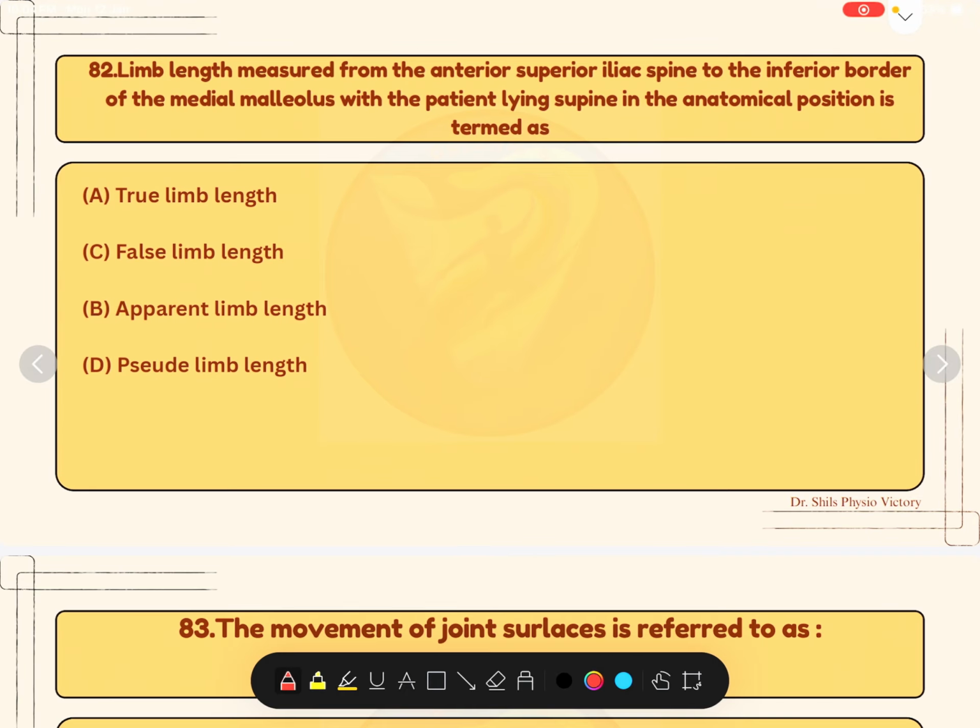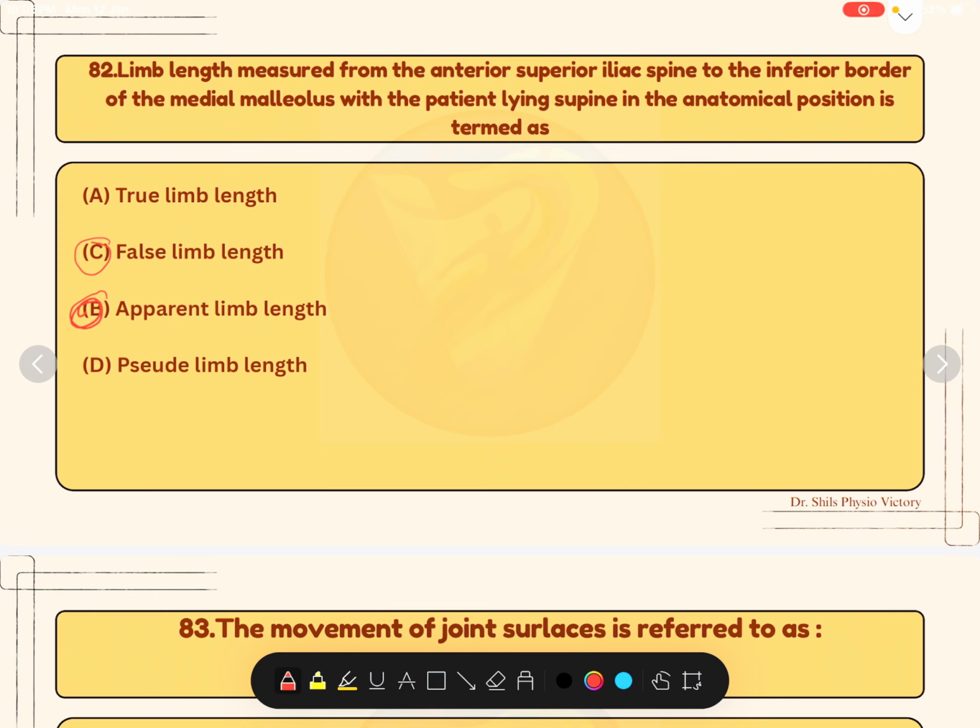Next, come to question number 82. Limb length measured from the anterior superior iliac spine to the inferior border of the medial malleolus with the patient lying supine in the anatomical position is termed as option A, true limb length, option B, apparent limb length, option C, false limb length, option D, pseudo limb length.